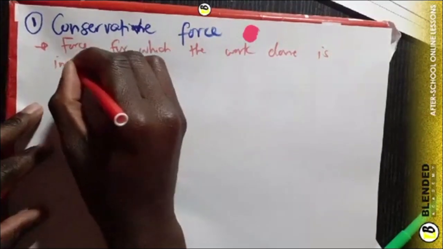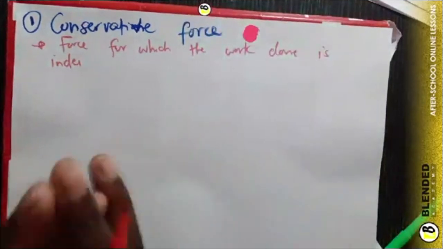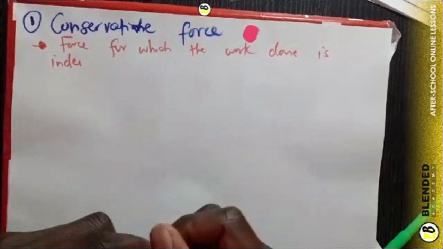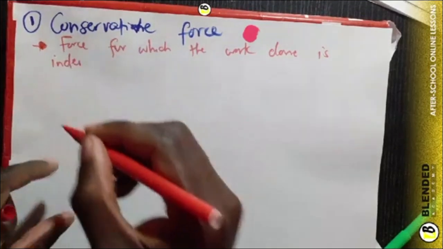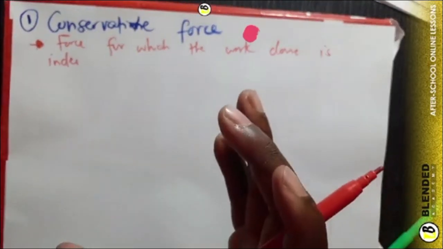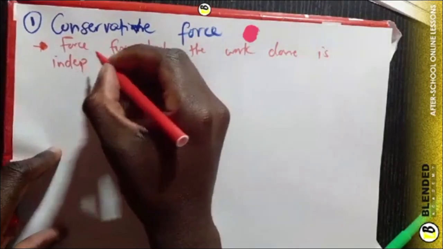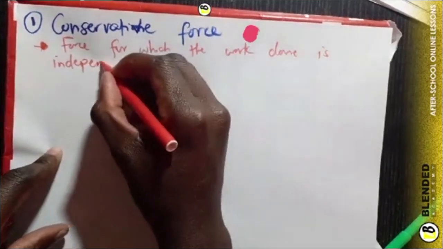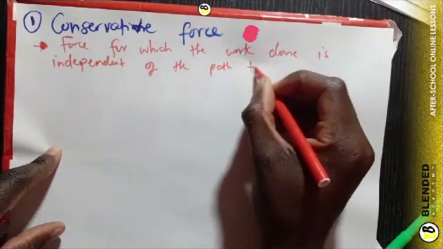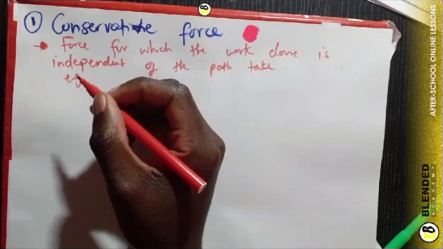So if work is done on a certain object between two points due to a conservative force, that means that the work done is independent of the path that is taken. I'm going to give you an example of what conservative forces actually are. For example, let's say you have your gravitational force.